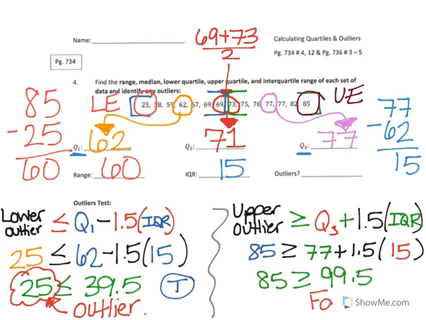And because that is a false statement, we do not have any upper outliers, but we do have a lower outlier. So on the line where it says outliers with a question mark, we're just going to say yes because of that 25.